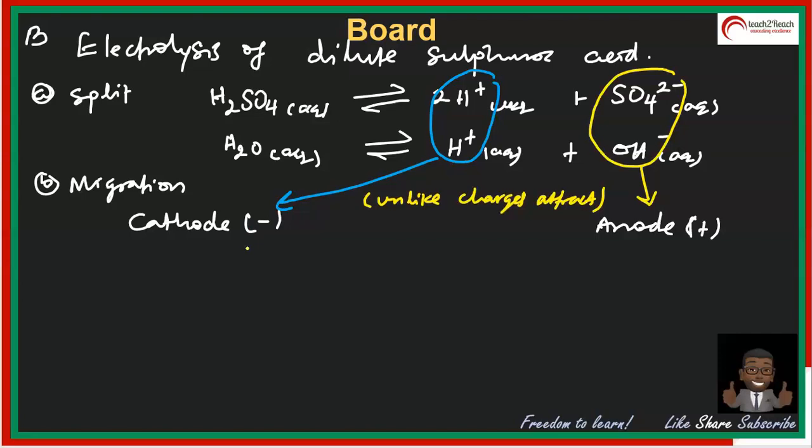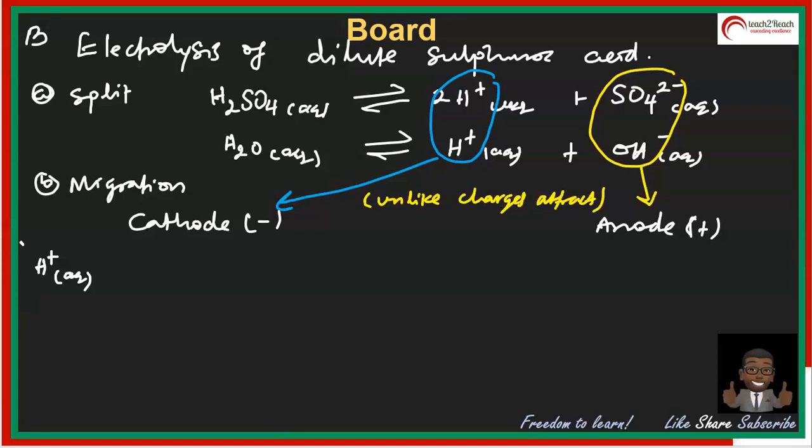So now let's get to the cathode. Cathode will not be difficult because it's only hydrogen ion that migrates to the cathode. And so when it gets to the cathode, the next thing is it's going to be discharged. Discharge of ions is the third thing.